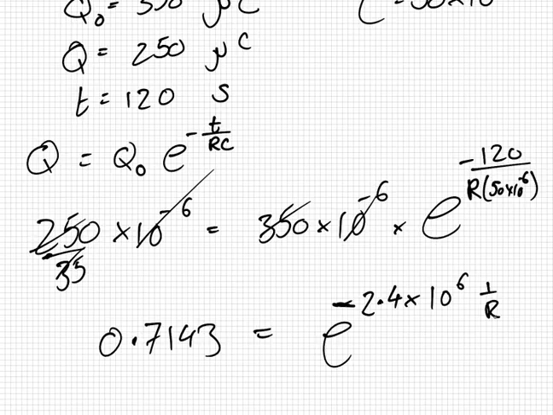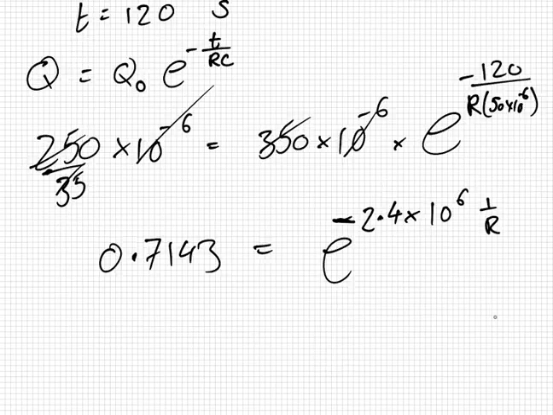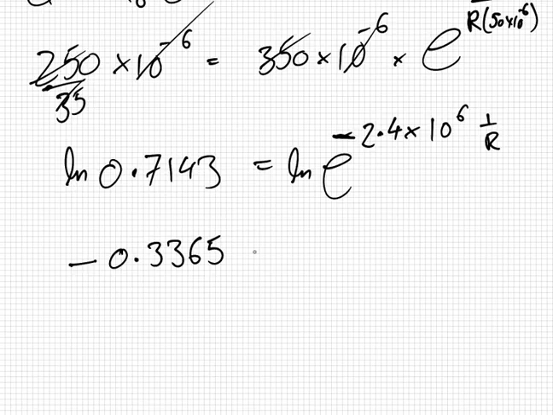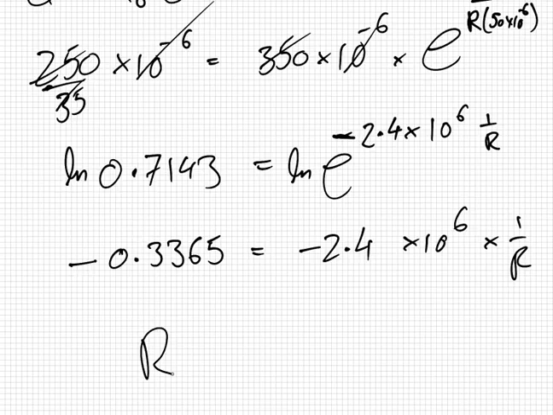Alright, you know what to do. Log both sides. So when I put a log here and here, what do I get on the left? Minus 0.3365. Equals minus 2.4 times 10 to the 6 times 1 over R. So you get R equals 2.4 times 10 to the 6 over 0.3365.